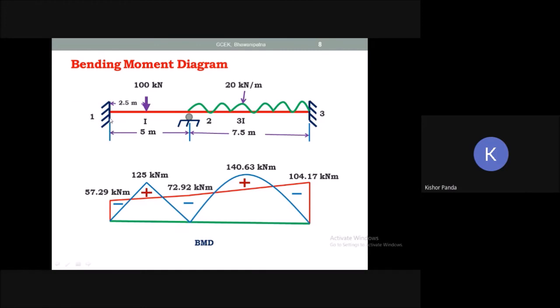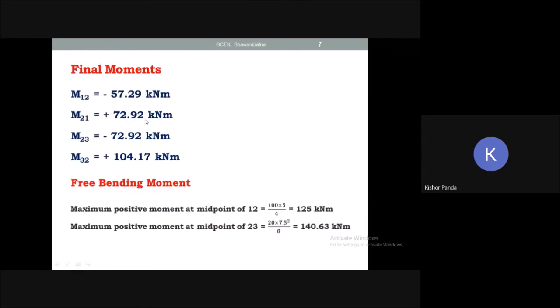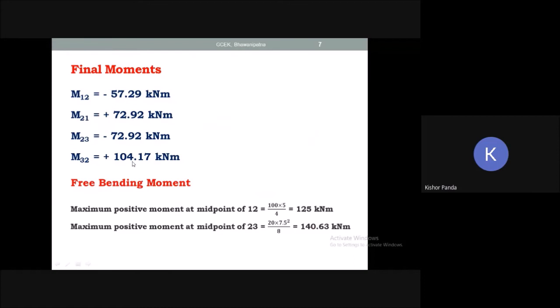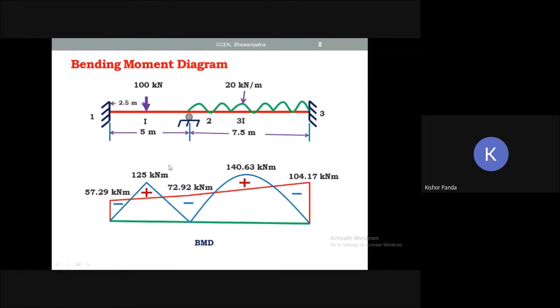Here you know M12 is 57.29 and M21 72.92. Then M23 minus 72.92. This side anti-clockwise. Here this is clockwise, and here this is anti-clockwise, 72.92. Then M32 is equal to 104.17, positive clockwise.